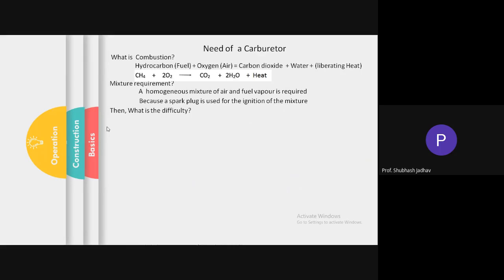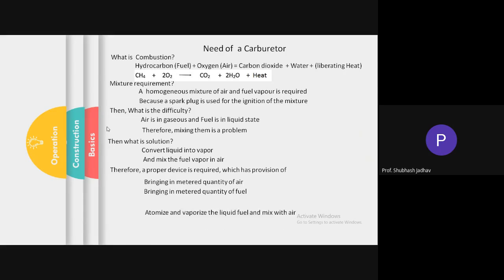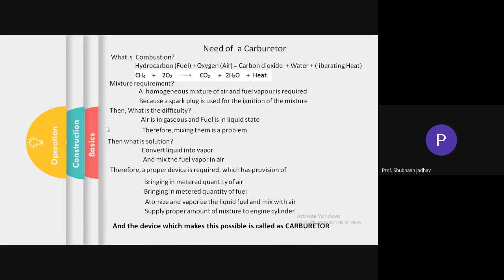So in this slide, I have explained why a carburetor is required, what is the function of the carburetor in short. I hope this part is being understood by everybody. So here we discussed why mixture is required, what is the difficulty here, what is the solution for that, and here we said we require a device.